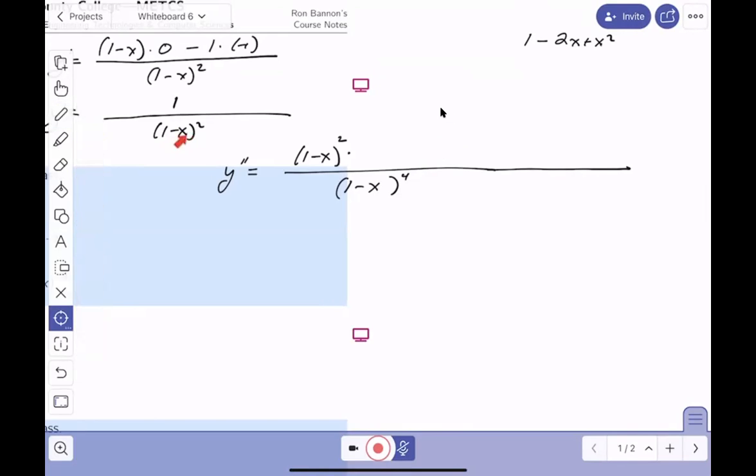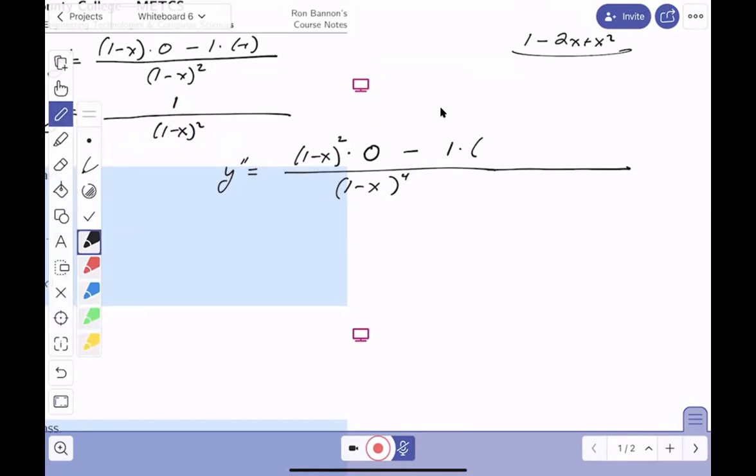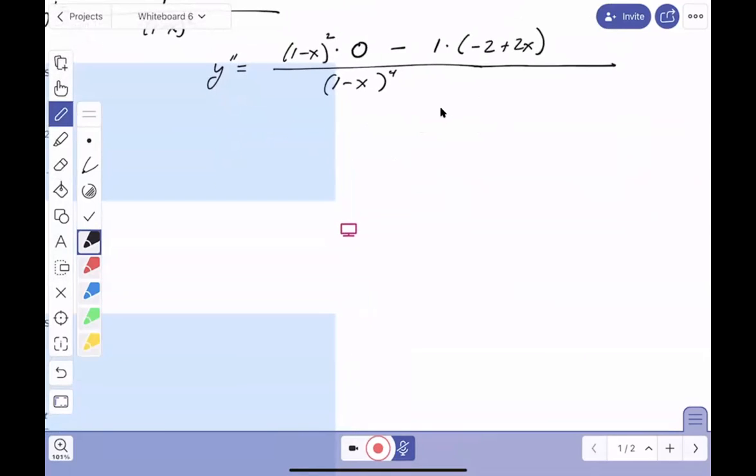So square the bottom, bring the bottom to the top, times the derivative of the top, which is 0. Sorry about that. Minus the top times the derivative of the bottom. Well, this is the bottom. What's its derivative? That's where I got spaced out, by the way. Minus 2 plus 2x. All right. Someone's going to say, what are you going to do now? I guess I got to simplify that. And again, we'll look at the key later.